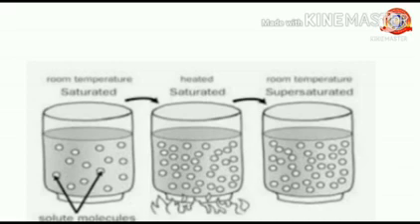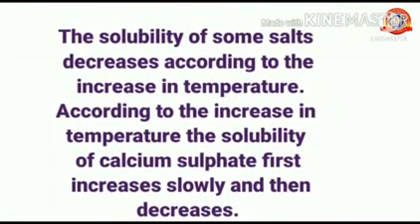The solubility of most salts in water increases with increase in temperature. But the solubility of some salts decreases with the increase in temperature. According to the increase in temperature, the solubility of calcium sulfate first increases slowly and then decreases.